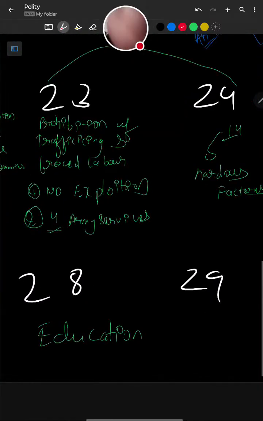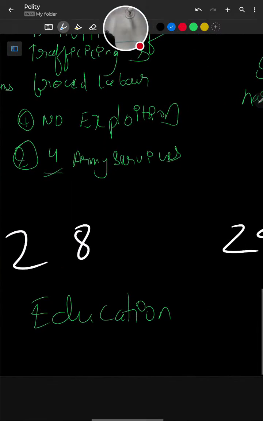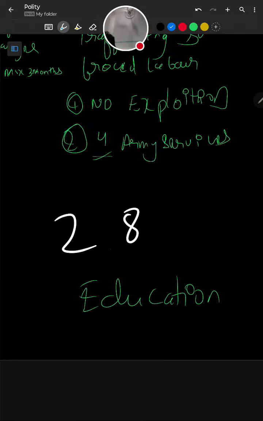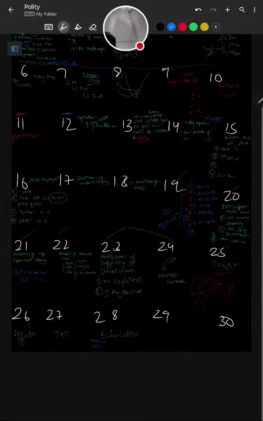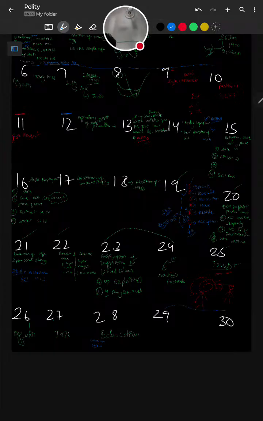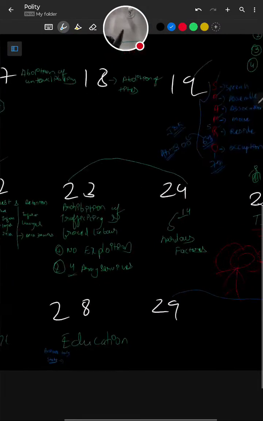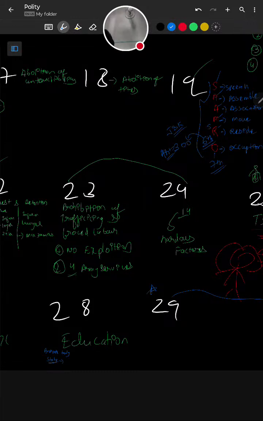And these religious institutes, if they want to maintain being only one dharma kind of thing, have to be funded from a private body. If they are funded by the state, then the state is for everybody, and so any religion can go to that particular institute. So that is the thing to keep in mind. Now Article 29 and Article 30 are for education, right? But 29 is important as it has the word minority in it.